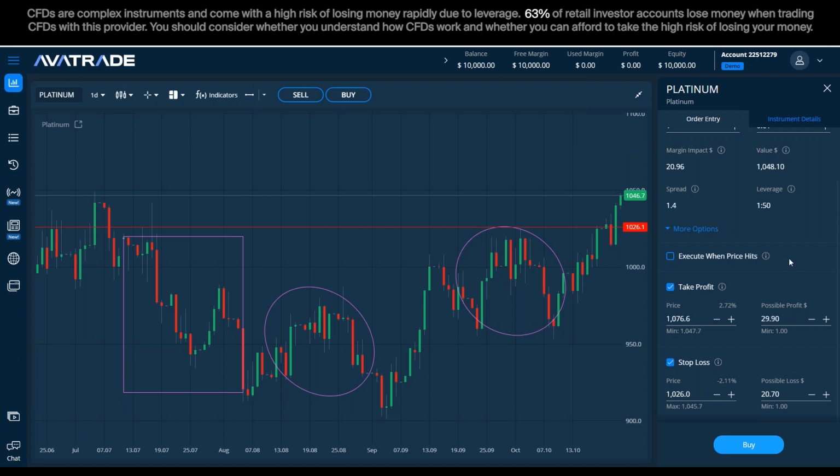The same formula works for the stop loss. So the farther away your stop loss is, the more you can lose.